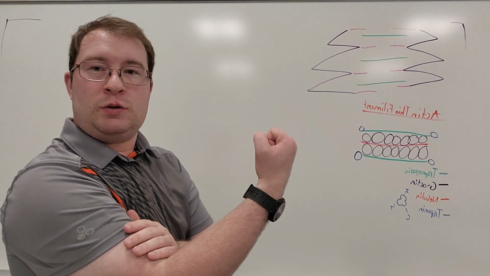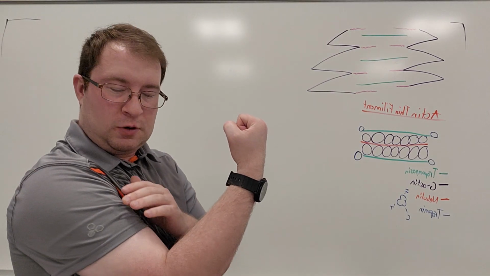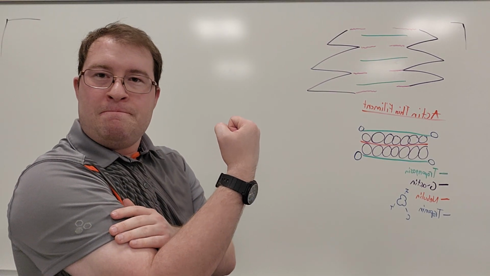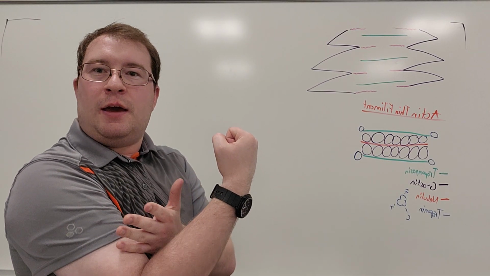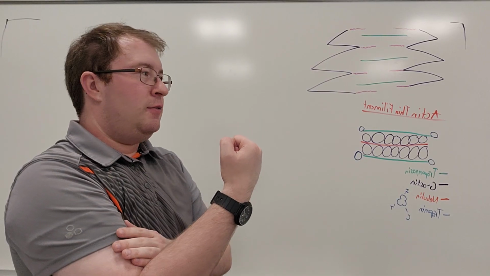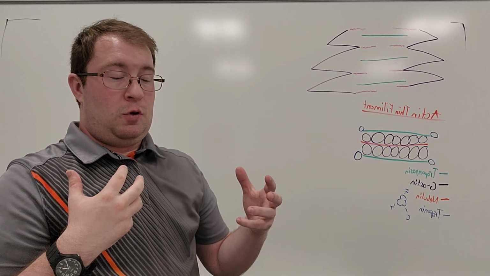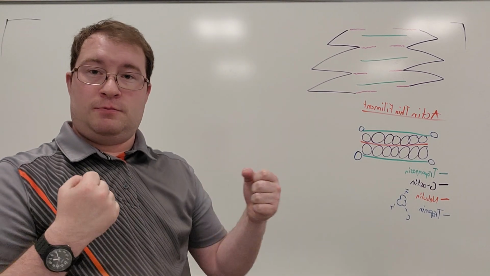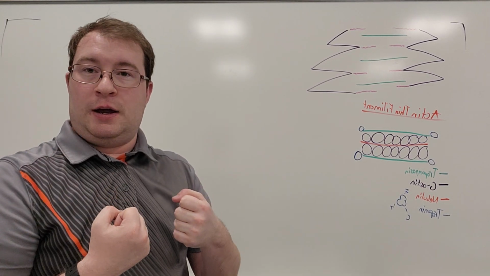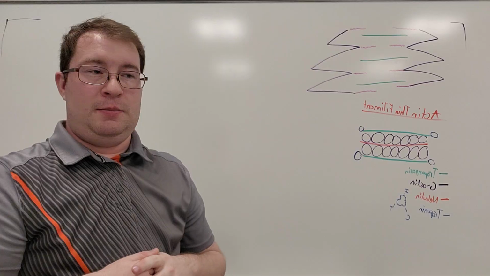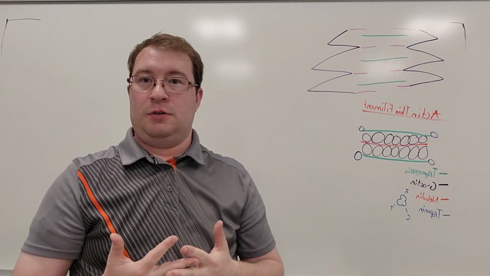Essentially, if I'm holding a tonic pose and I'm constantly flexing my arm, I'm going to get weak and fail eventually. And so that tends to happen with smooth muscle, where holding that smooth muscle taut and contracted is going to lead to failure eventually.